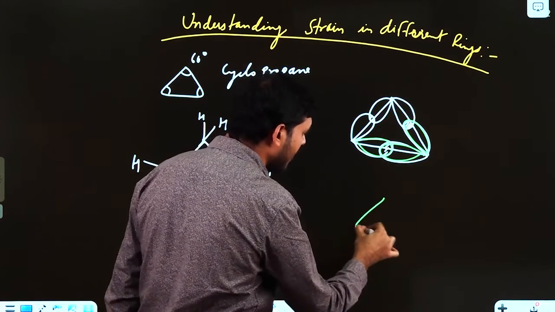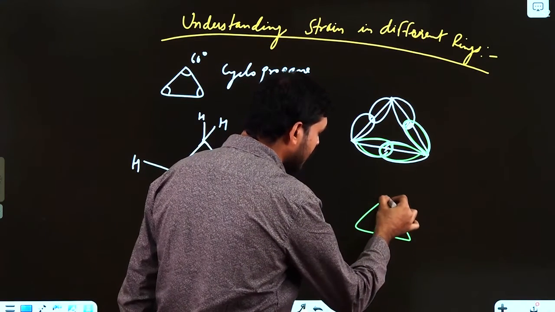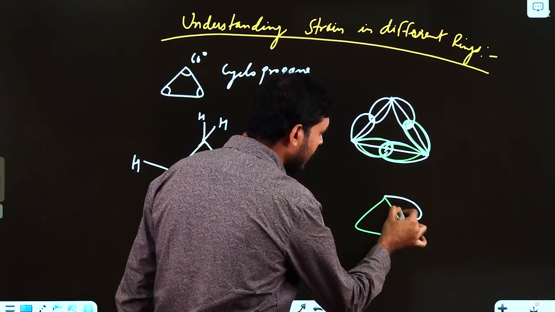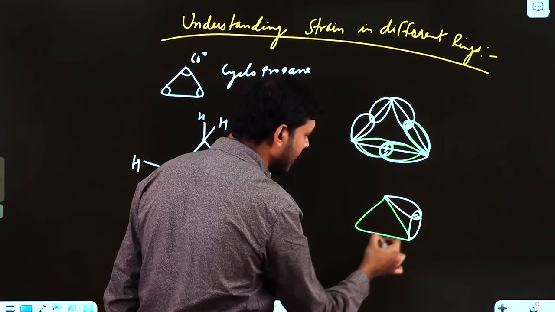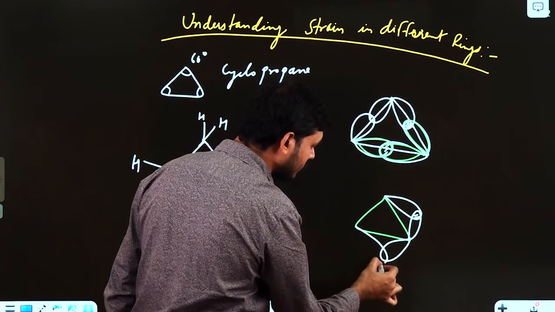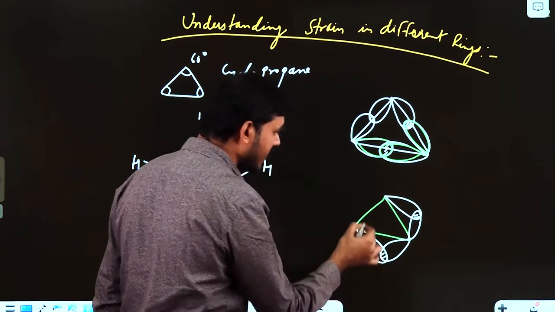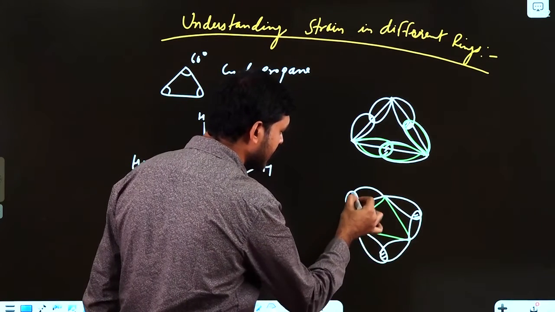So if I draw it, you can observe the overlapping is nearly in this way, slightly bent from this side. Here also in this way, here also in this way, okay?